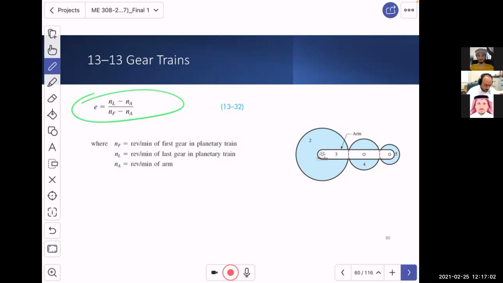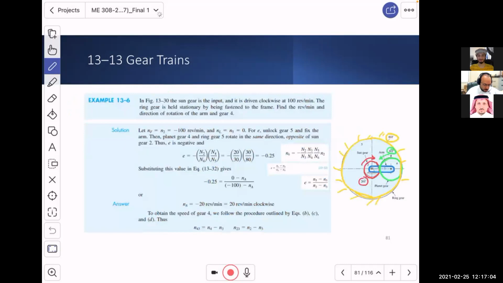So E is equal to N5 minus N arm, divided by N2 minus N arm.